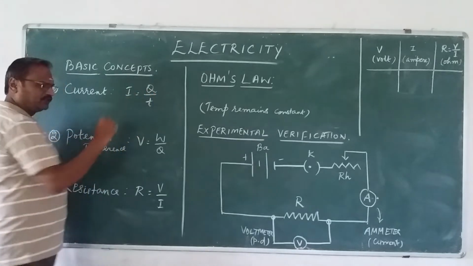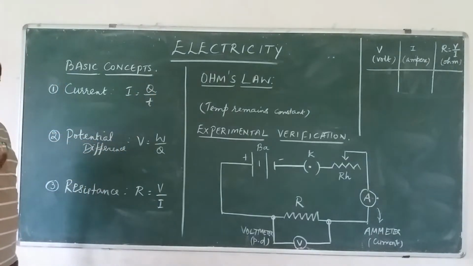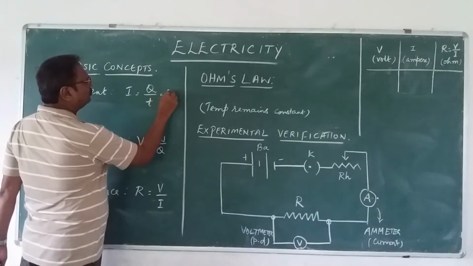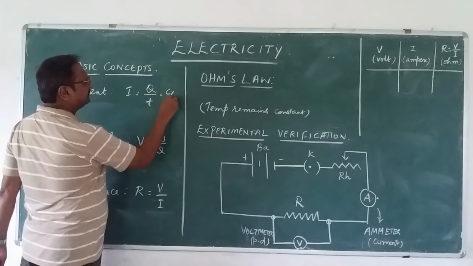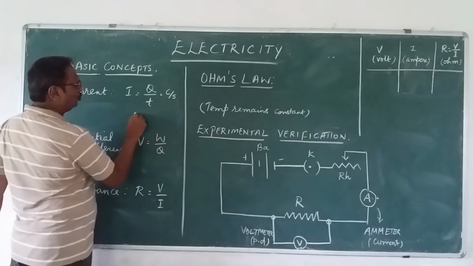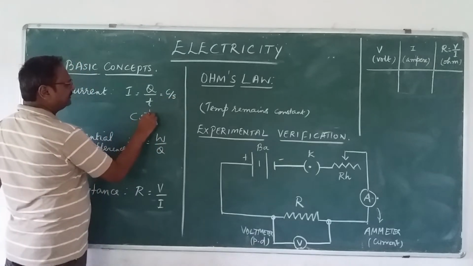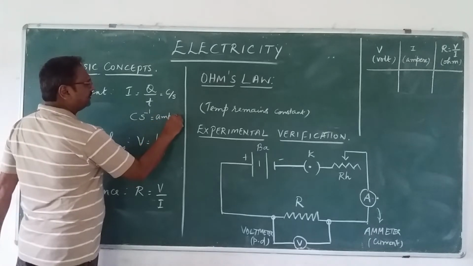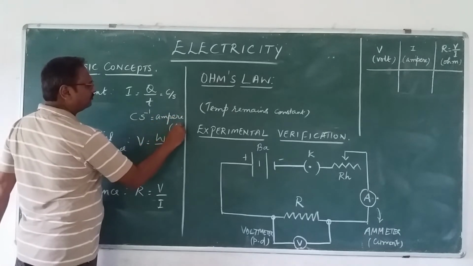The charge flowing through is electrons. Charge is measured in coulomb and time is in second. So coulomb per second is nothing but ampere. Ampere is the unit of current.